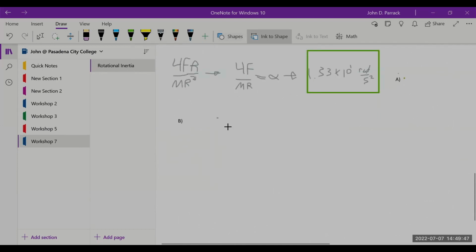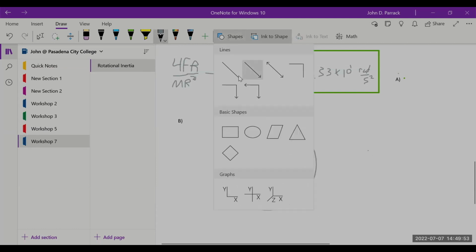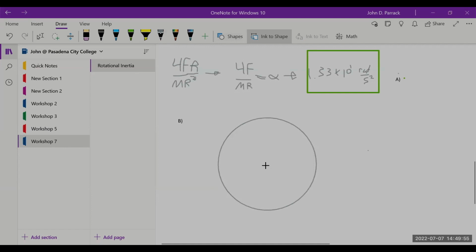New scenario. So here's our merry-go-round. We've got our vectors. Here's one from the center. This is the radius right here, and R is 1.5 meters.